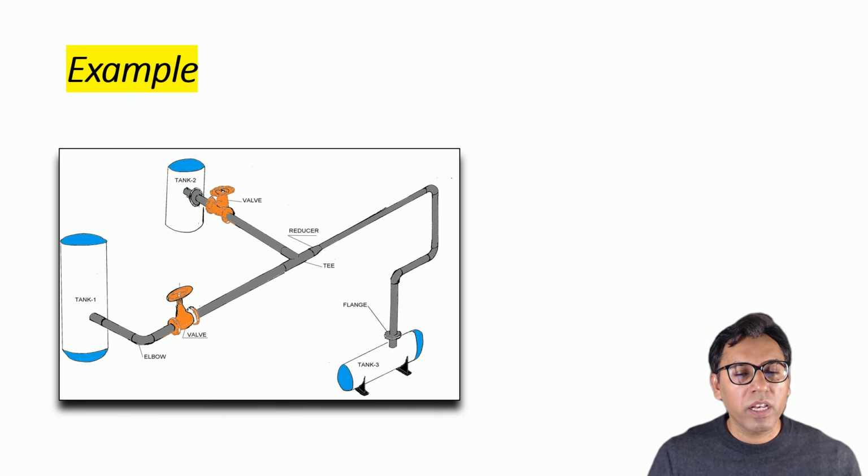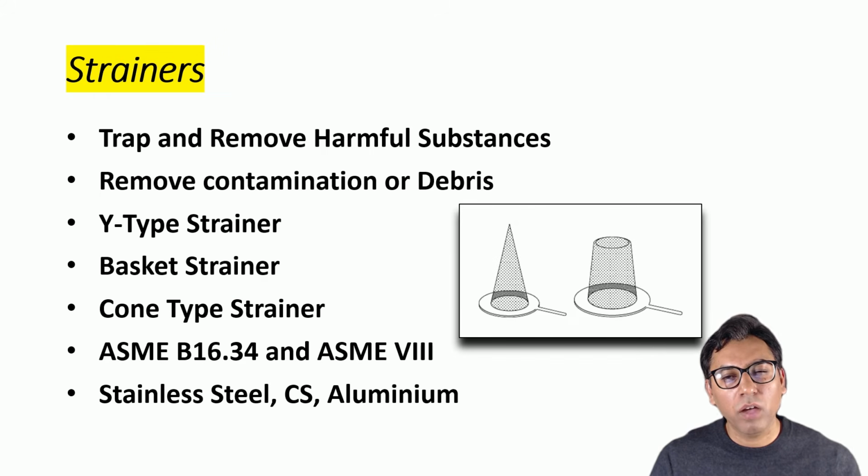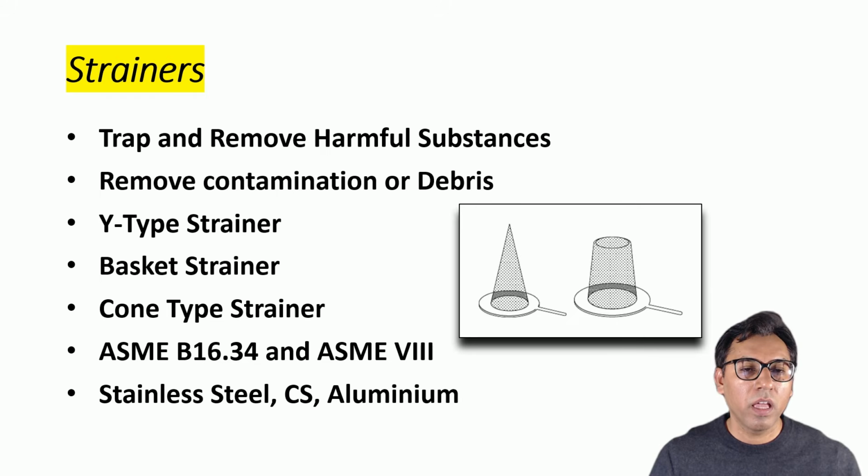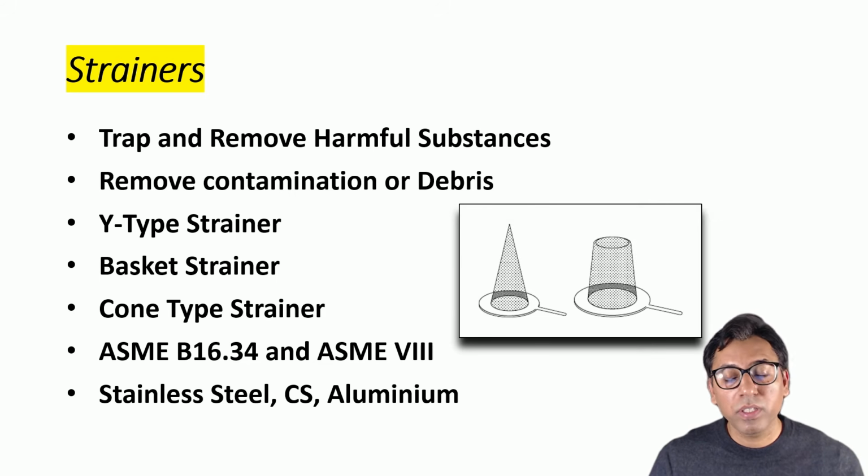Basically a strainer is a small accessory or component that allows removing and trapping harmful substances. Strainers are used to remove contamination or debris from the fluid which otherwise can damage equipment like pumps or compressors. There are different types of strainers like Y type strainer and basket type strainer.